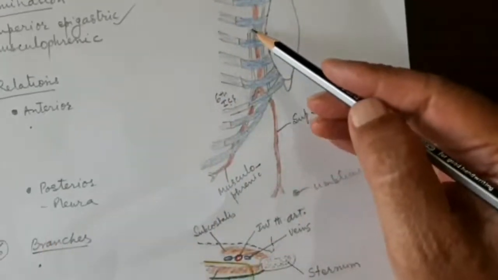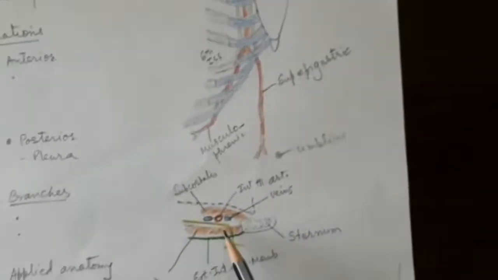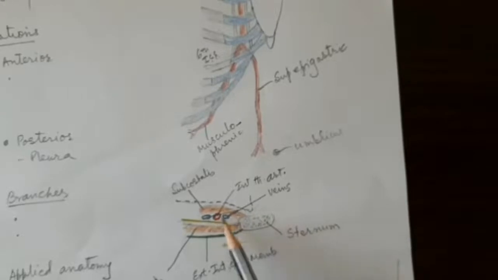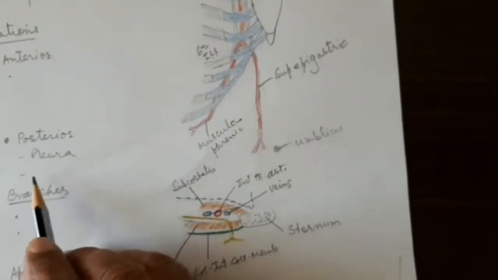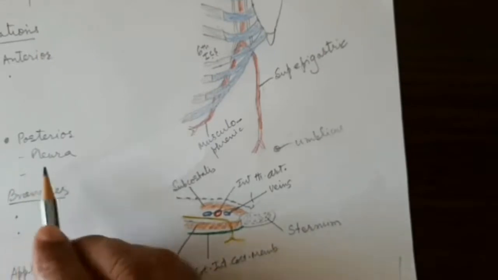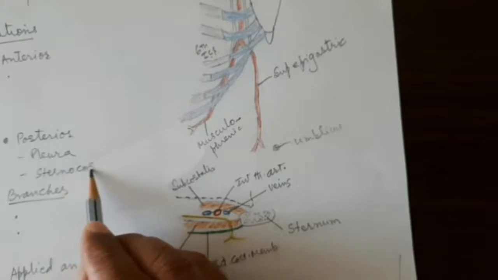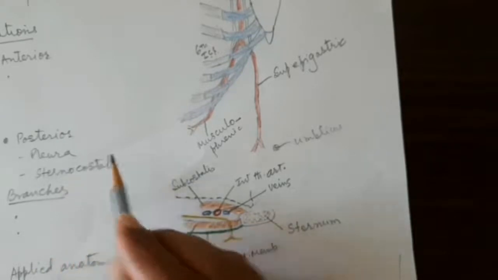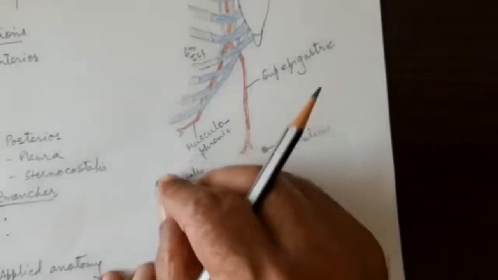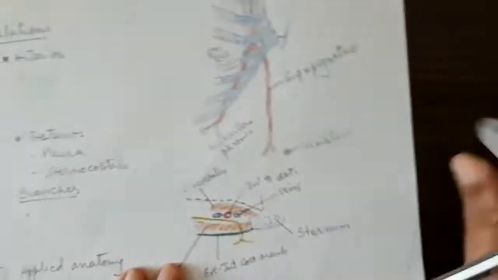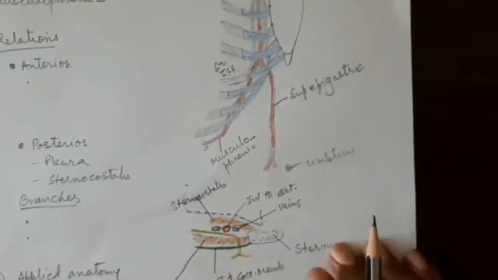But from the third intercostal space onward, right up to the sixth intercostal space, posterior to this artery will lie a muscle called the sternocostalis muscle.